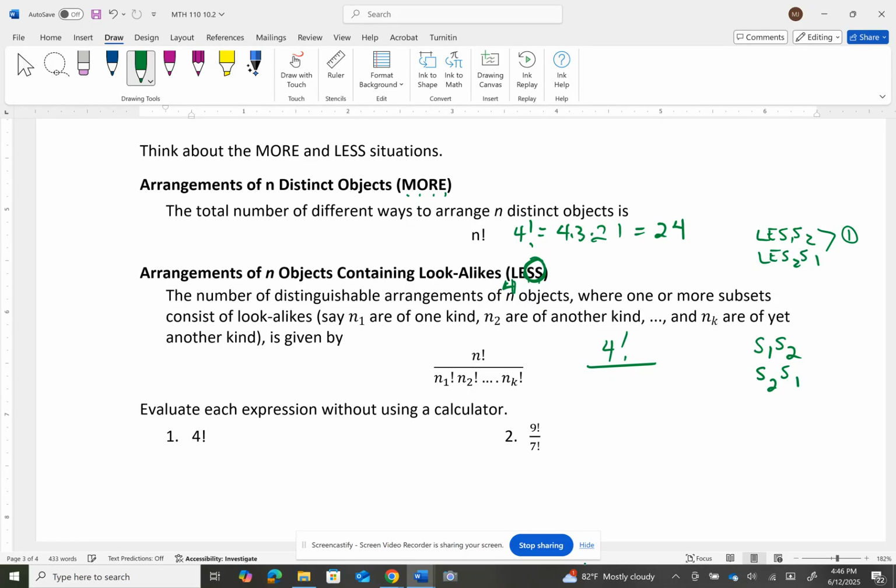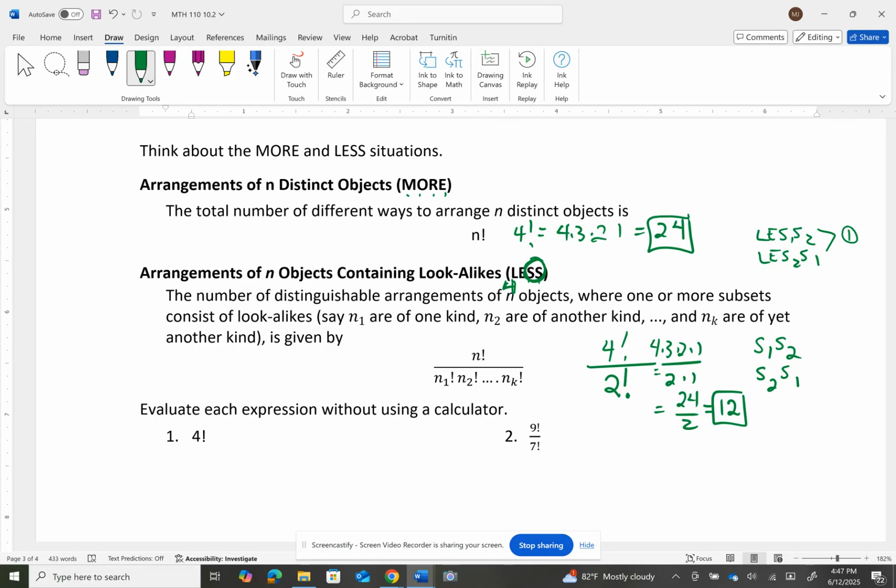So there's 2 arrangements, which is the same as 2 factorial. So this turns out to be 4 times 3 times 2 times 1, divided by 2 times 1. That's 24 divided by 2, and that gives me 12 as my final answer. The number of distinct arrangements in the word less would have been 12. The number of distinct arrangements in the word more would have been 24.